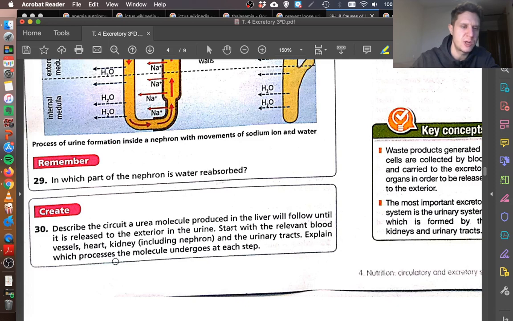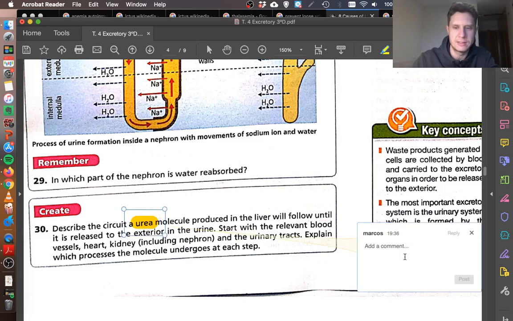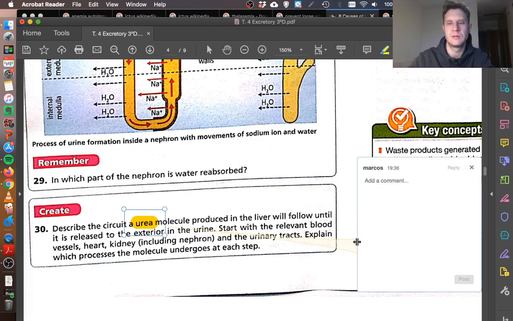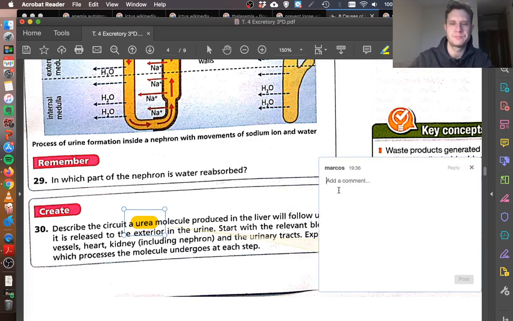Explain which processes the molecule undergoes at each step. Well, this is a hell of an exercise. Describe the circuit of the urea molecule produced in the liver. Good. What I'm going to do is write it. I'm going to make it a little bit bigger.